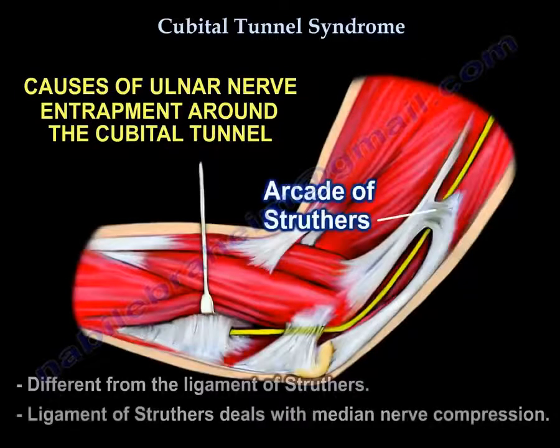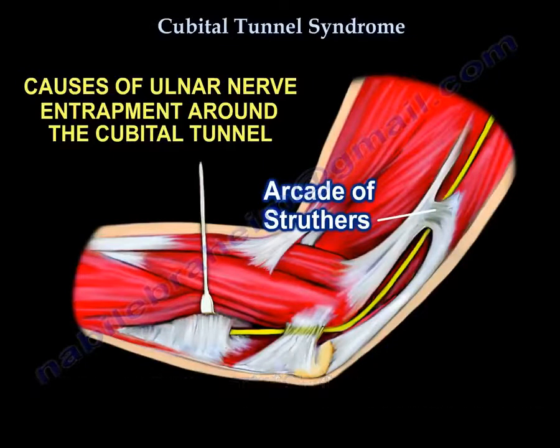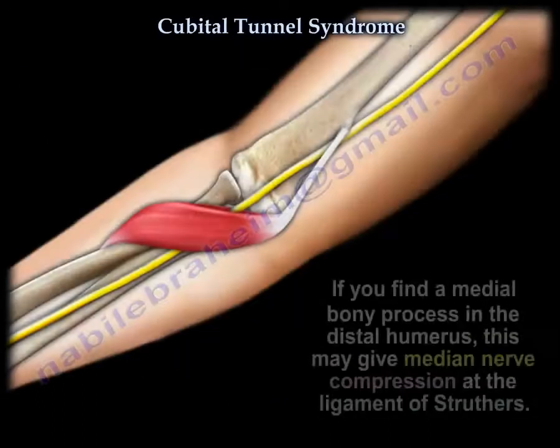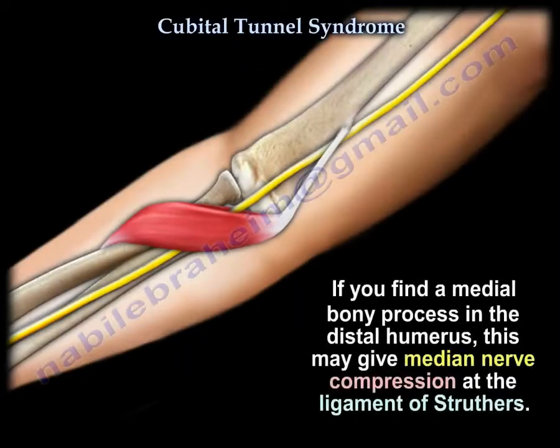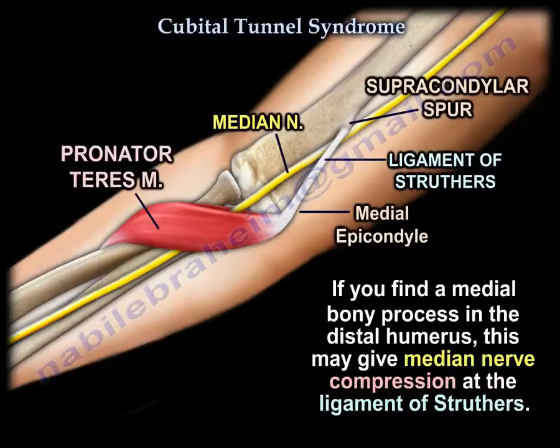Number 1, arcade of Struthers. It is different from the ligament of Struthers. The ligament of Struthers deals with median nerve compression. If you find a medial bony process in the distal humerus, this might give you a median nerve compression, and the compression is at the ligament of Struthers.